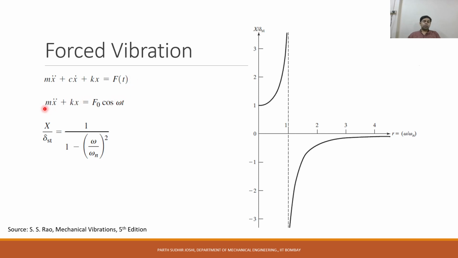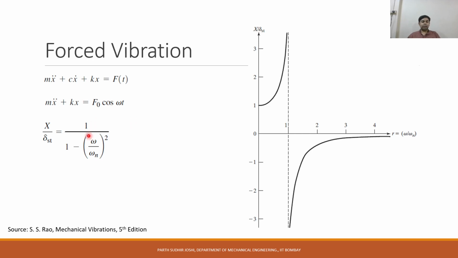So if there is no damping present in the system, and this force varies in this way, F naught cos omega t, which is a sinusoidal force with amplitude F naught, then we can derive the resultant steady state amplitude of the system, which is capital X, and we can describe that in terms of the static deflection delta St, which is basically the measure of the static deflection of the system.